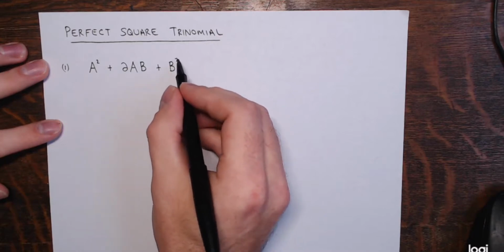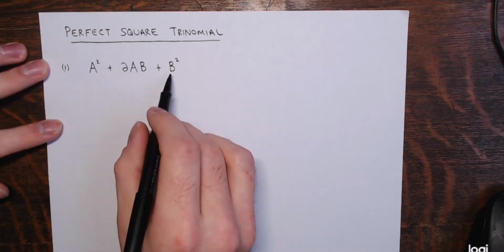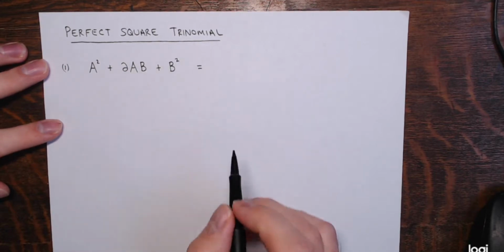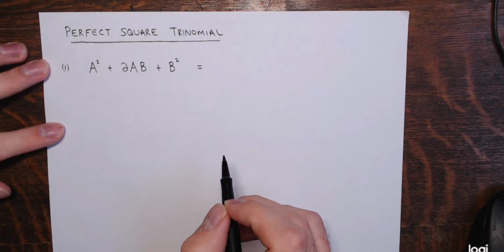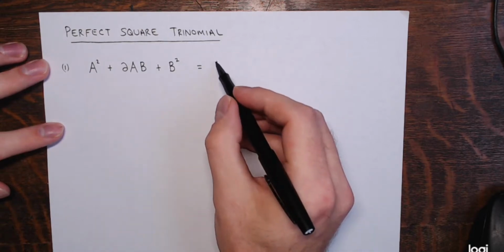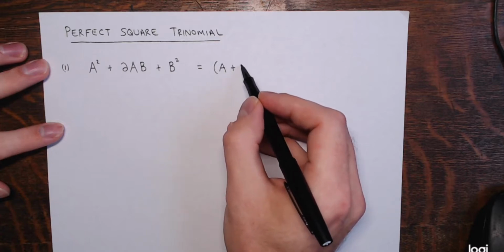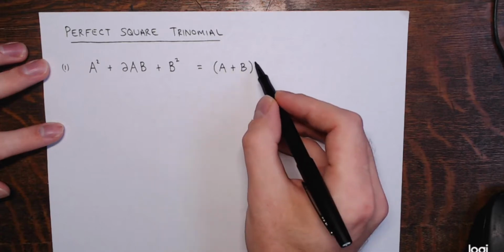So here's a 3-term polynomial, trinomial, and the reason it's called a perfect square is because it can be written as the same factor twice. This is a plus b times a plus b.